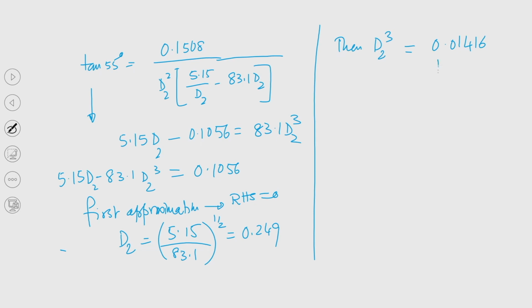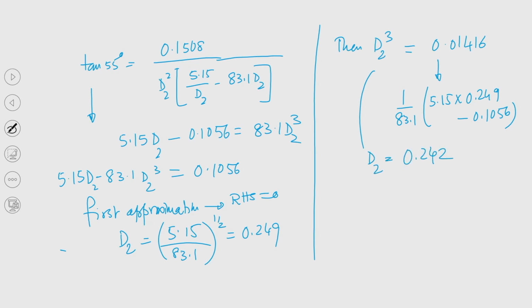We are obtaining it from 1 by 83.1 into 5.15 into 0.249 minus 0.1056. So, we are getting d2 cube from this expression, and then d2 will be equal to 0.242.